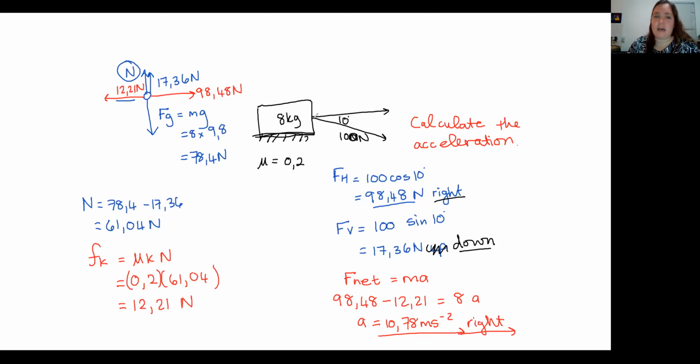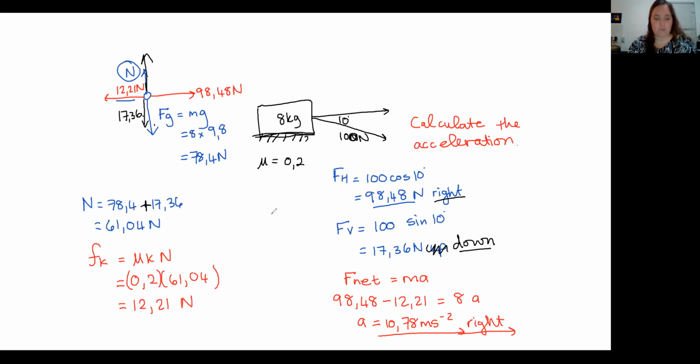What this being down makes different is that on this question, we wouldn't have 17.36 that way. The 17.36 would go downwards. My normal also now has to compensate for both downward forces. So the normal would actually be plus the vertical component.